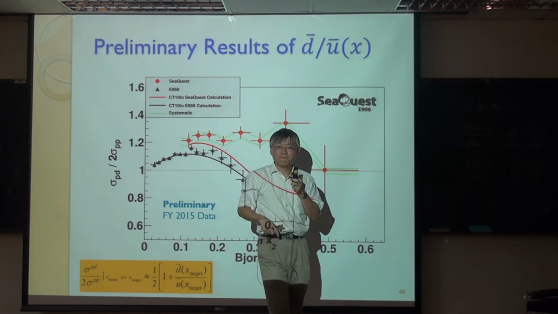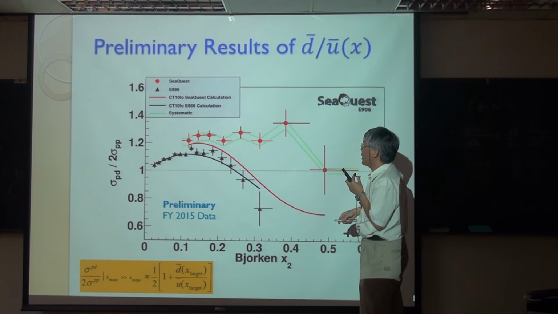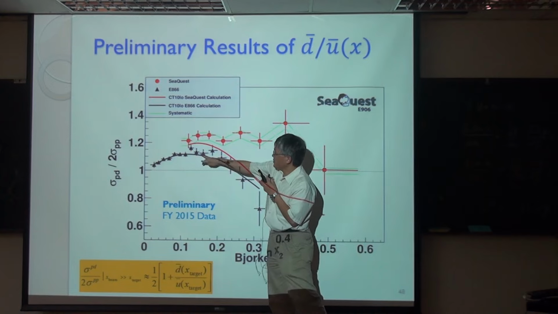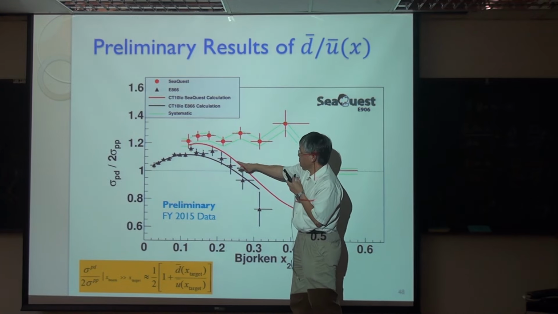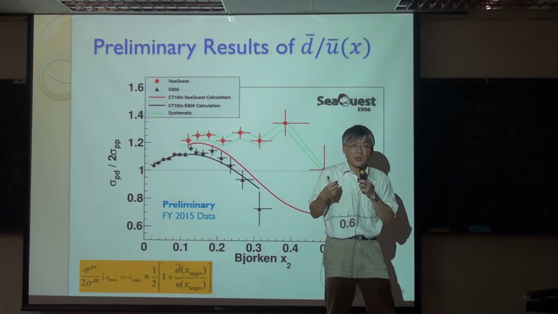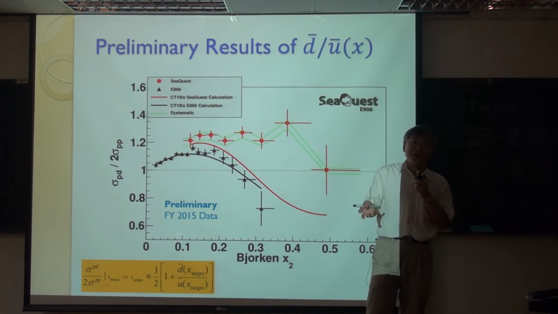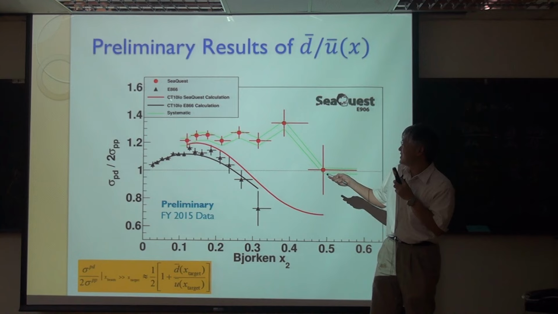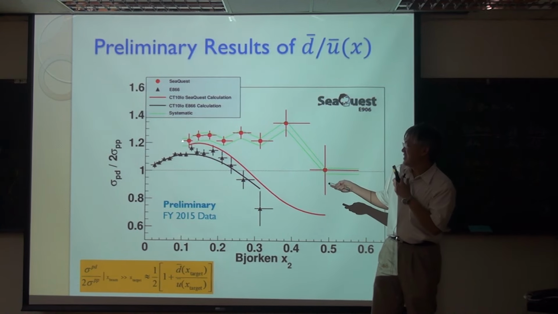Then how come you don't agree with the black line? The black one is for ACT6, right? And this red one is where I use the current CT10 to calculate the A906 result. So they have different Q square.